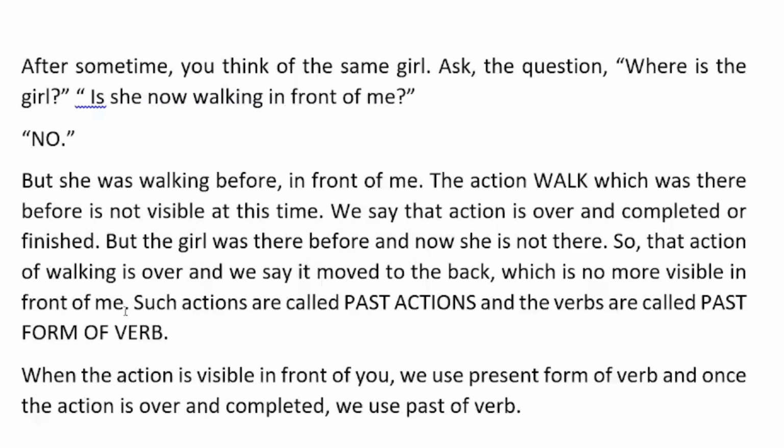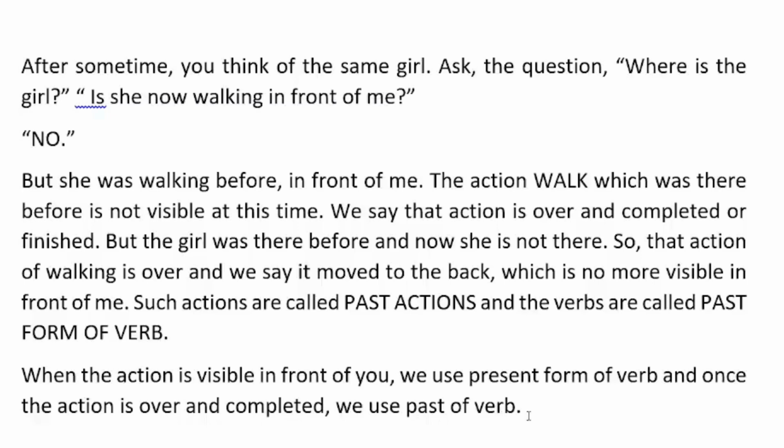Such actions are called past actions and the verbs we use are called the past form of verb. The verb is going to the past. When the action is visible in front of you, you use the present form of verb, and once the action is over and completed, we use the past form of verb.